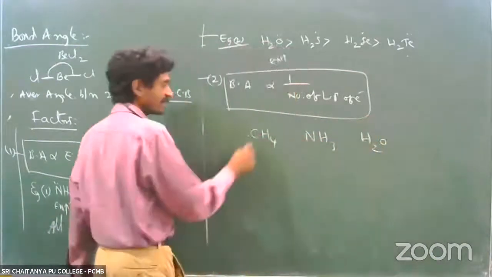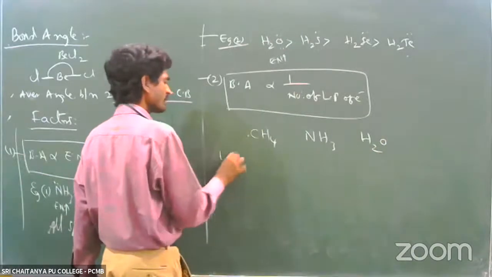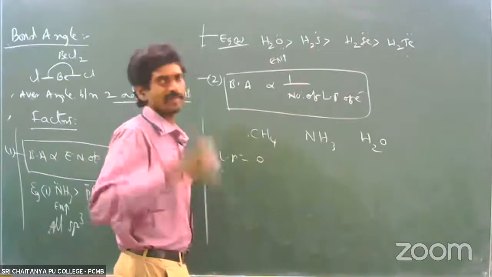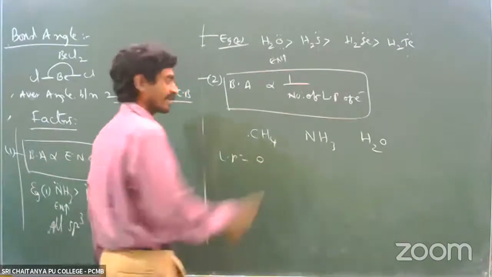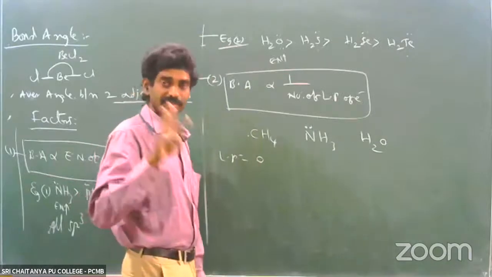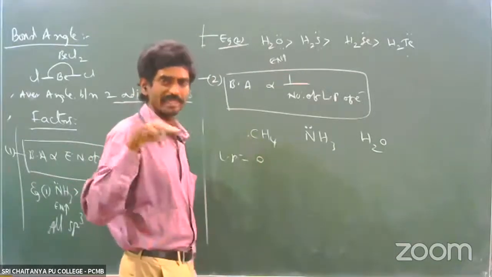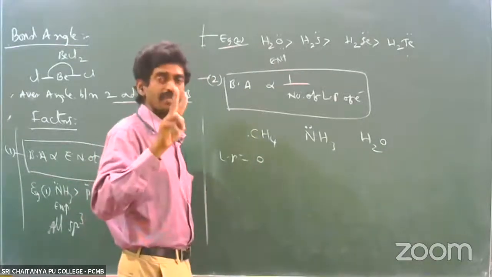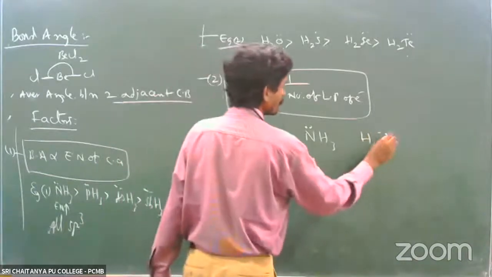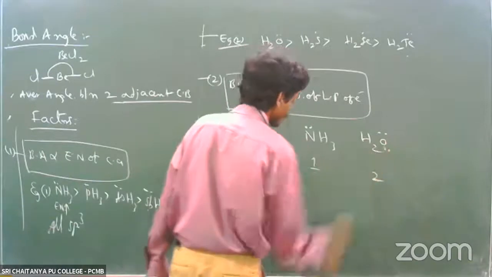As you know, in methane the lone pairs of electrons are zero because all four valence electrons participate in bond formation. But in ammonia, on nitrogen, 5 electrons are there. Among that, only 3 valence electrons are involved in bond formation, and the 2 remaining electrons form 1 lone pair. And in H2O, in the same manner, 2 lone pairs are present.